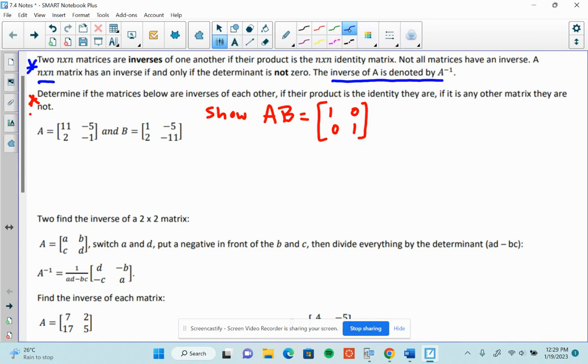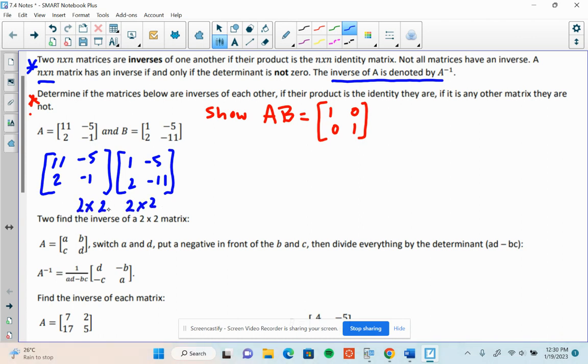I'm going to write them out, 11, 2, -5, -1, and multiply that with matrix B. Let's review how that goes. We have a 2 by 2 multiplying with a 2 by 2. The middle numbers match.